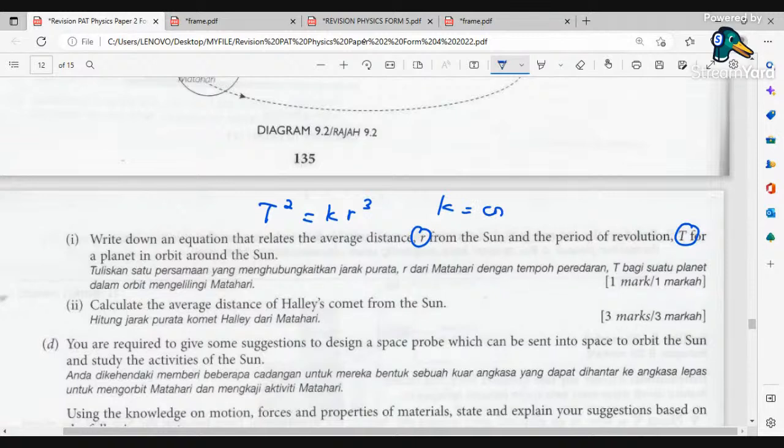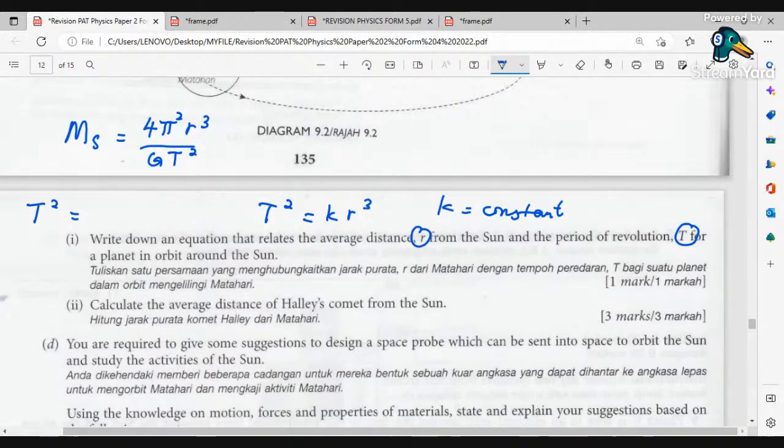K is constant. Okay, ataupun nak tulis penuh. Formula yang mass of sun tu. Okay, kalau you masih ingat lagi. Okay, kalau yang mass of sun ialah 4 pi square r cube divided by G T squared.